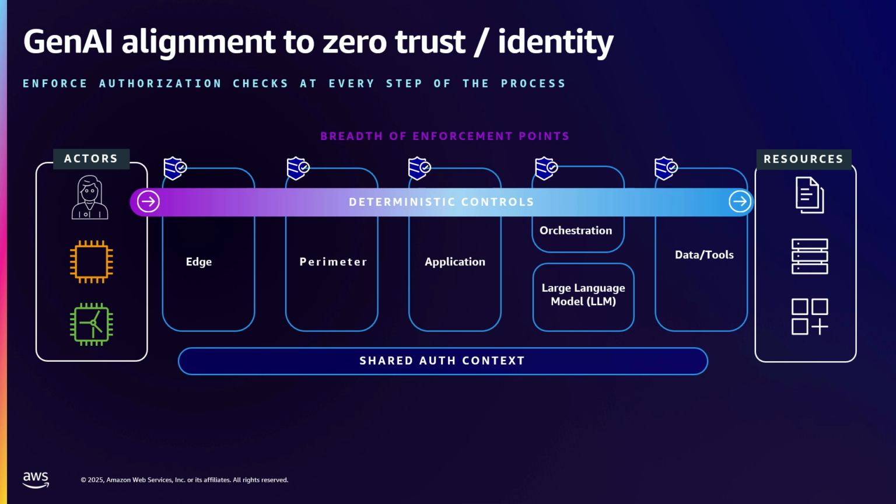One of the things that you see here that's common across most of these components is the deterministic control set, and hopefully with a shared context. The one thing that's not here for deterministic control is that large language model box, which is completely isolated. Why? Because we don't want to give agency to your LLMs to make security decisions for you. So we're kind of removing it from the control set. Let other components, like Lily said, build around your GenAI world.